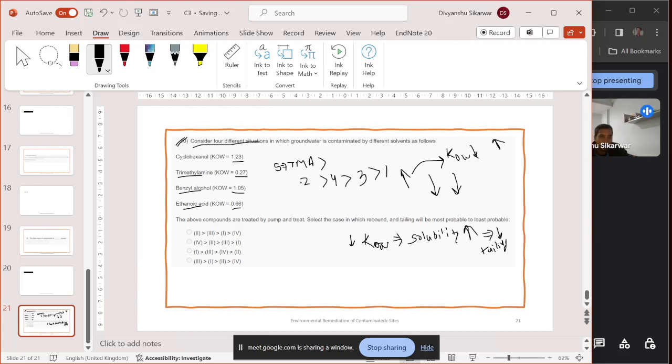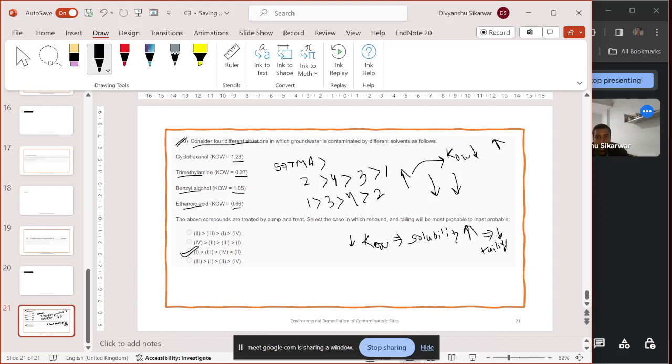So higher the solubility, lower the tailing, and we have to give it from most probable to least probable. Most probable tailing will happen in this one. For tailing, the sequence should be 1, 3, 4, and 2. Which option is 1, 3, 4, 2?